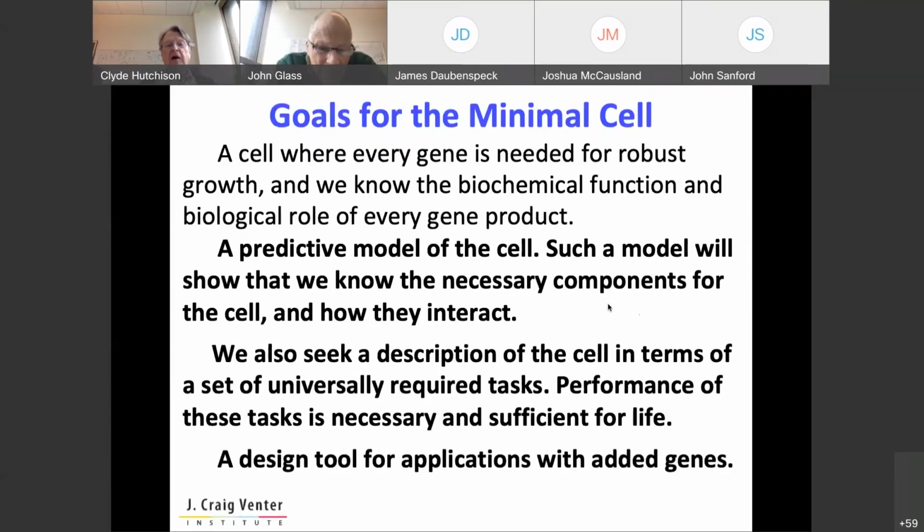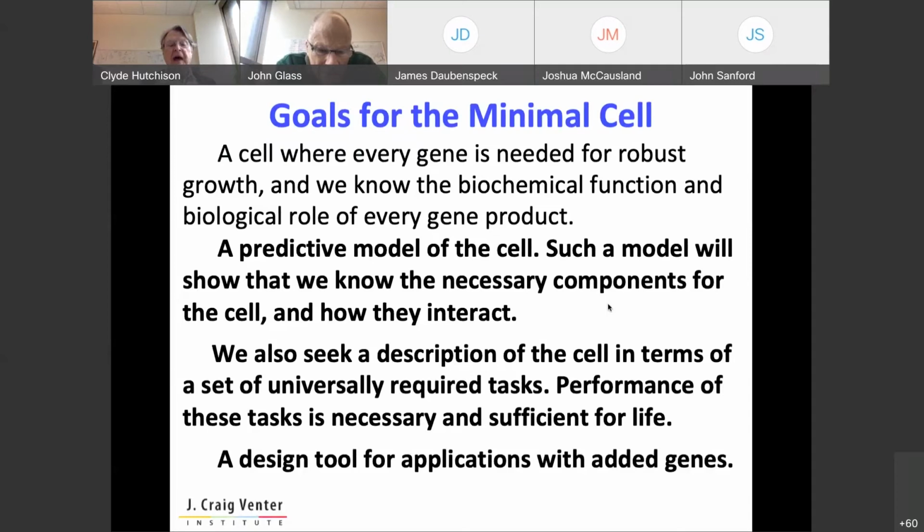Okay, so our goals then are to have a cell where every gene is needed and we know the function of every gene. And we're essentially at that point, but now people in Zan's group and possibly others are working on predictive models of the cell.